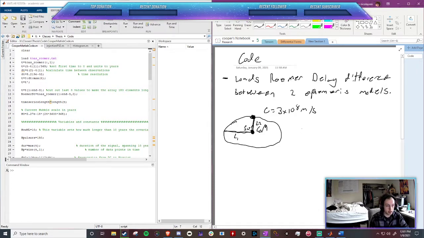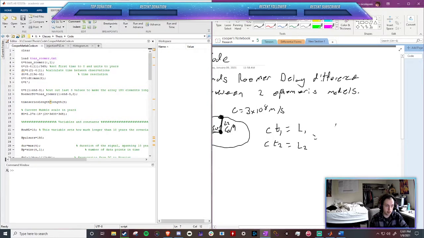We expect that the speed of light times some time 1 will equal length 1, and c times t2 will equal length 2. So we can just solve for t.